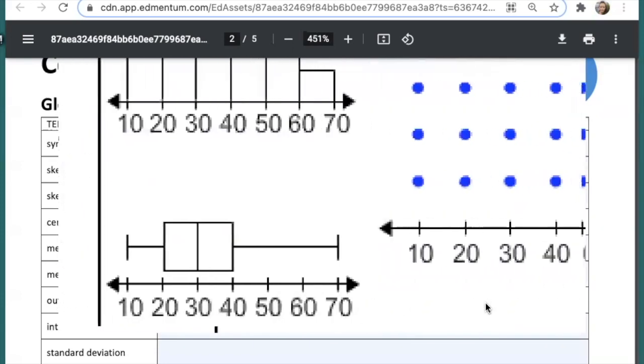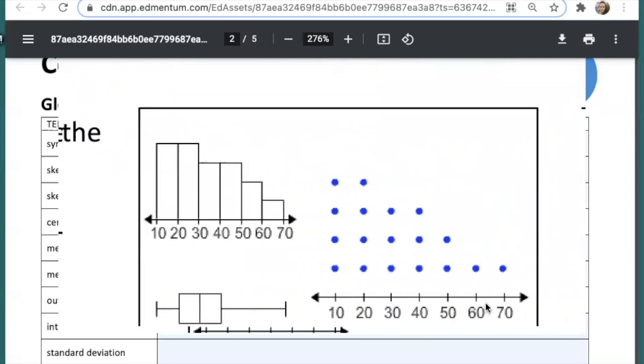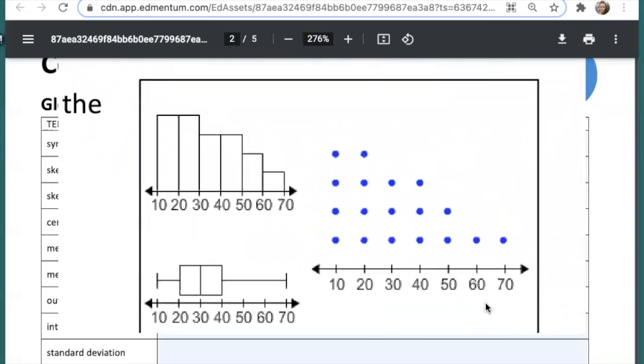Down here, these 3 graphs are showing all of the same data again, and this is what skewed right looks like. So the skew is basically the tail where there's low numbers of data. And in this case, the median is at 30. And if you were to add up all of the numbers, like 10 plus 10 plus 10 plus 10 plus 20 plus 20 plus 20 plus 20 plus 30 plus, okay, you get it, and then divide by the total number of dots, you get the mean or the average, and that would be 31 point something.